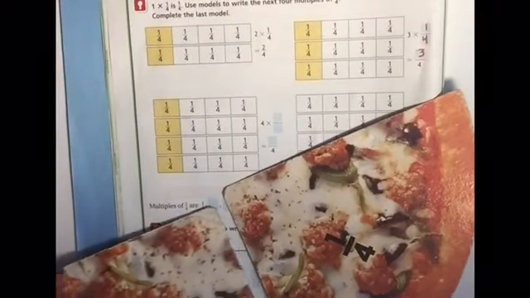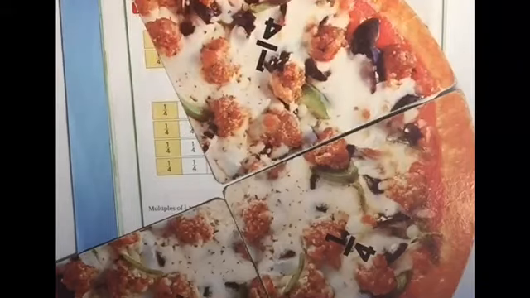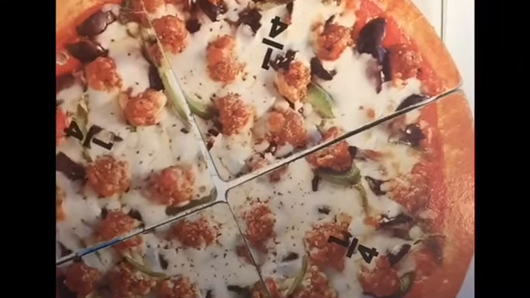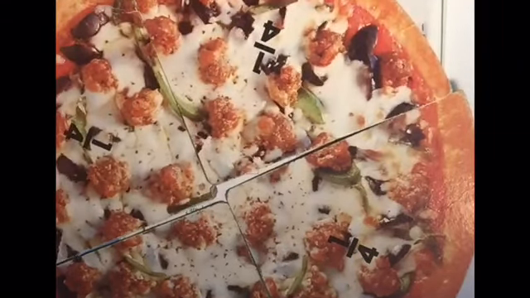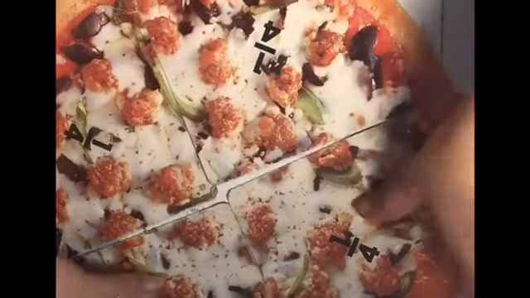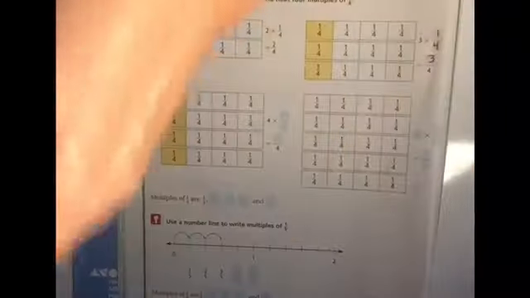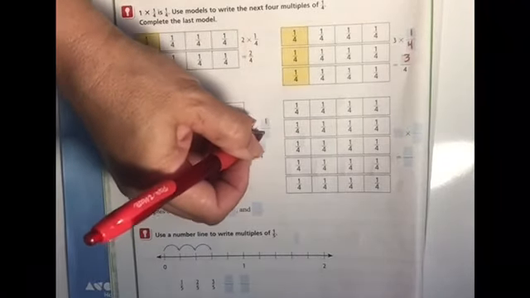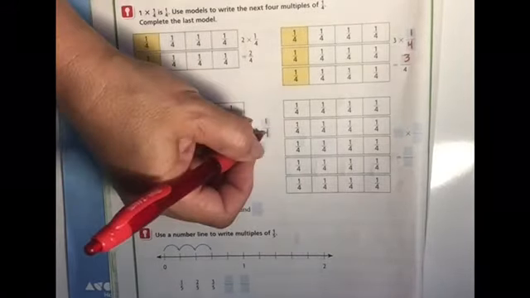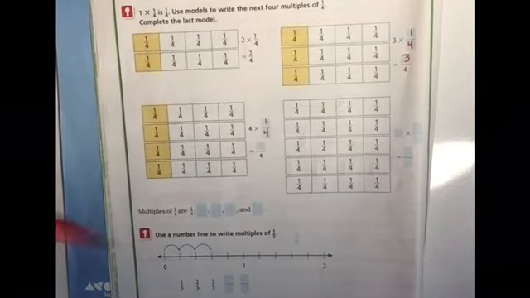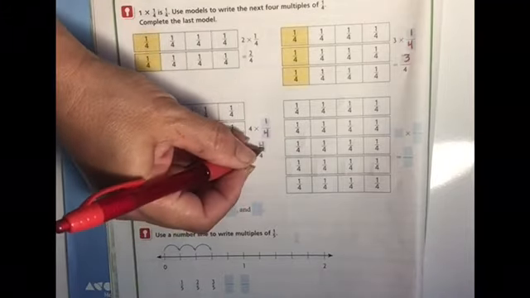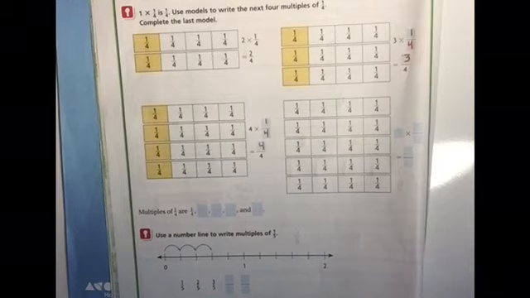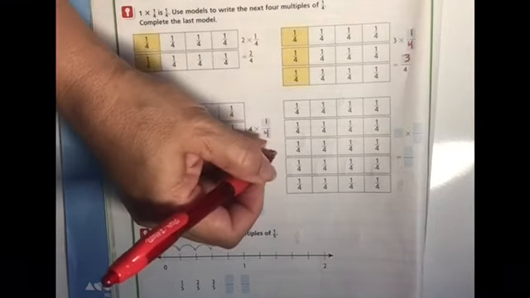Well, let's see: 1 times 1/4, 2 times 1/4, 3 times 1/4, and 4 times 1/4. And what do I have? It looks like I have a whole. So I could say 4 times 1/4 equals, you guessed it, 4/4, which really equals, we know, 1 whole.